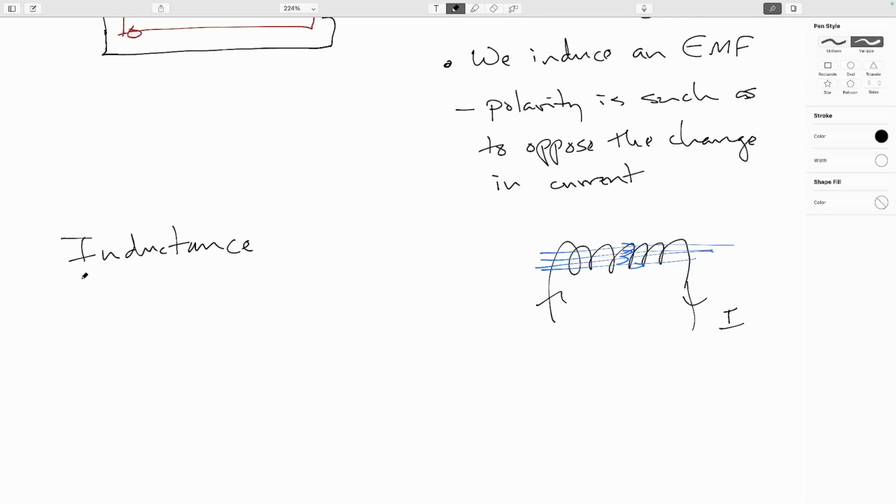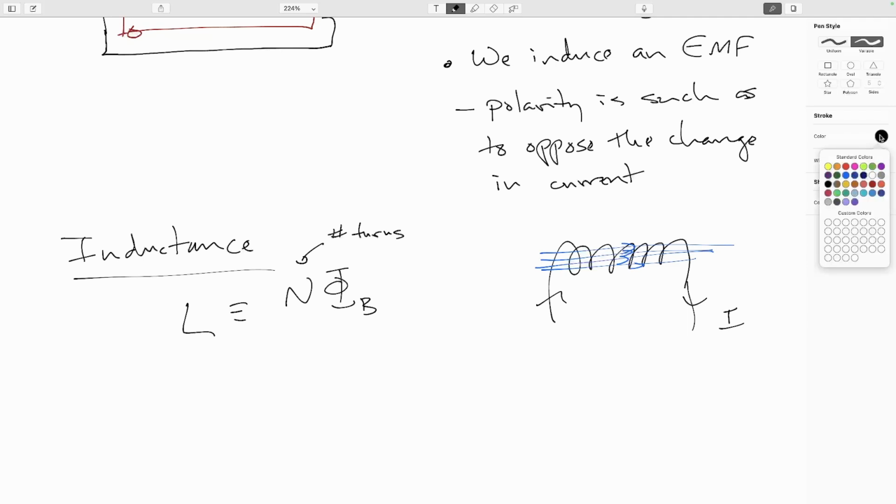Now, we will define the inductance to be the number of turns in the coil times the magnetic flux going through the coil. So that will be the magnetic field strength times the area of the coil. So basically the number of magnetic field lines over the current.